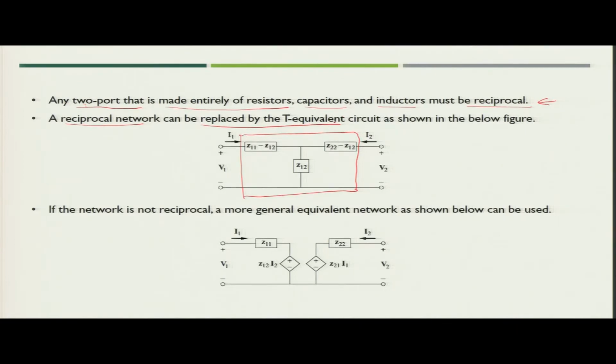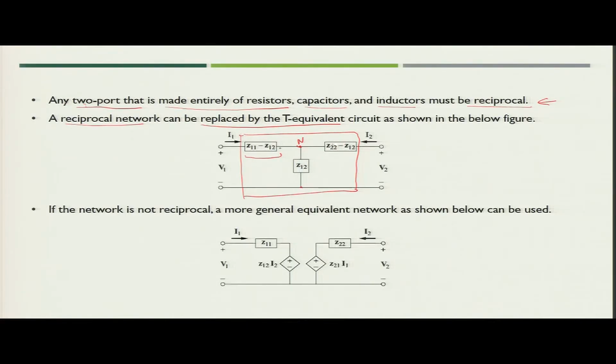Now, what would be the values of the T equivalent circuit parameters? On the left side there will be Z11 minus Z12, that is the first leg of the T. Then on the right you will see Z22 minus Z12, that is the right leg of the T, and then the branch Z12 connects the node at the center to the reference node.